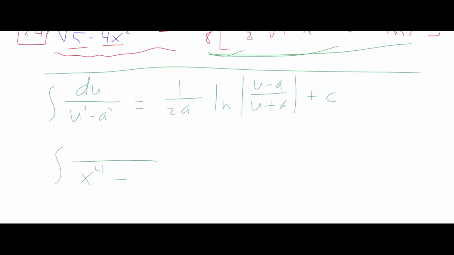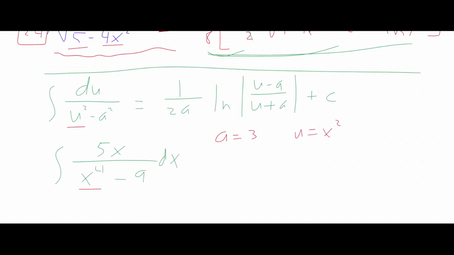And let's use this one. It's 9, and we will go with 5x on top. Squared is 9, so our a is going to equal 3. Again, just going with our positive one. U squared is x to the 4th, so our u is going to equal x squared.